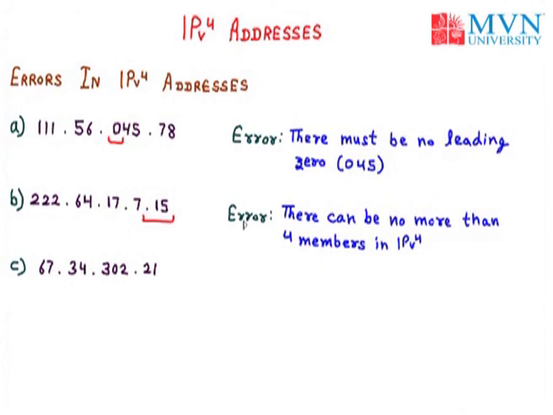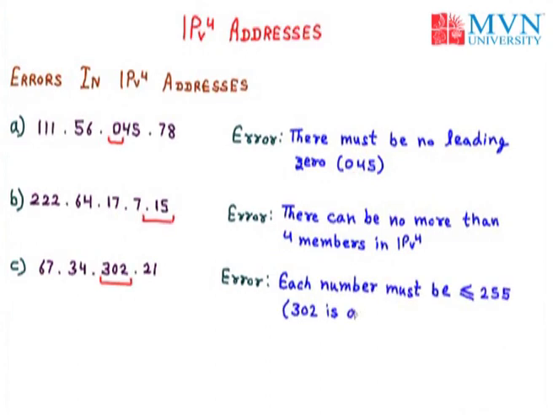The main error is that each number must be less than or equal to 255, because our range is from 0 to 255, and 302 is exceeding the limit. So the error is that each number must be less than or equal to 255, and here 302 is out of range.